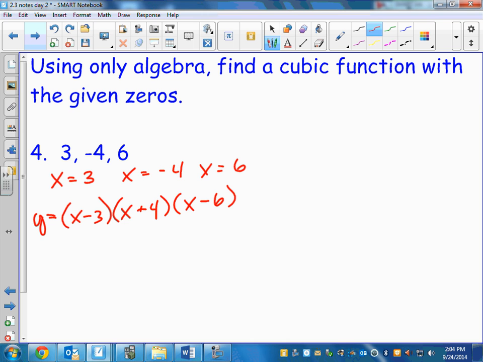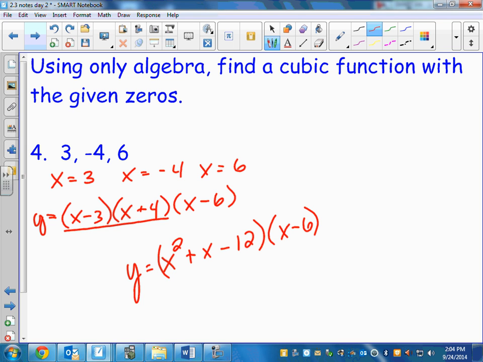And so let's just go ahead and FOIL this out. So if I FOIL these two out, I'm going to get x squared plus x minus 12 and minus 3x plus 4x. And then I got to FOIL it out with this. This is just some good old polynomial fun.